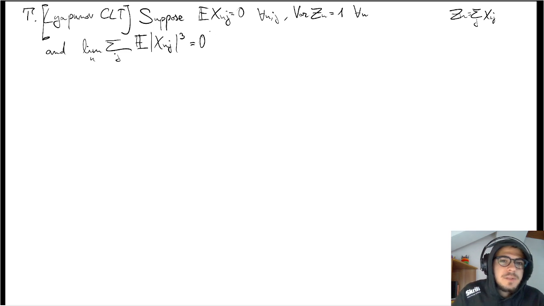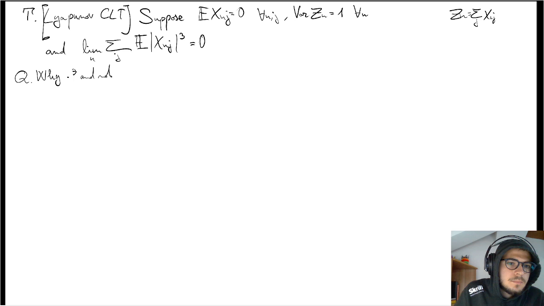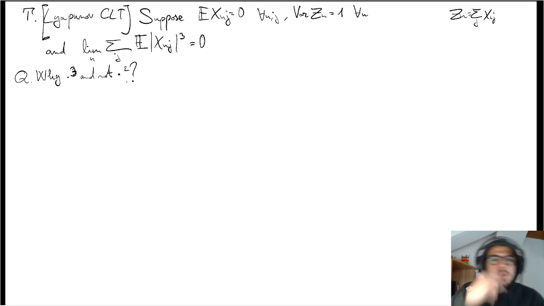Now my question is, why cube and not square? This should be seen in the proof, but I still don't know why.